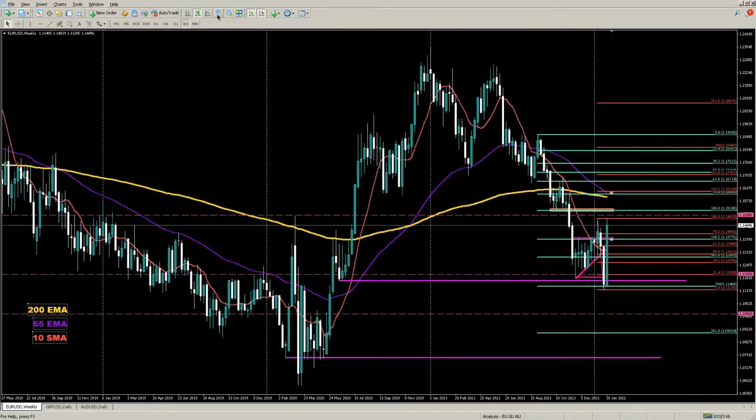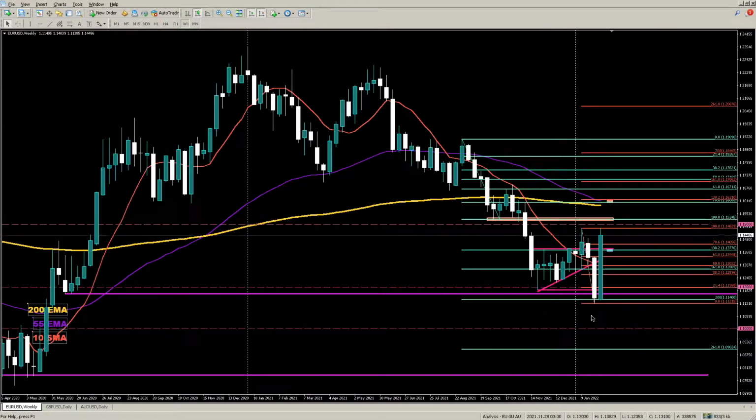Okay, let's also take a look at the weekly time frame, where you can see the strong bullish engulfing candle and a strong close for the week. So suggesting there's going to be some bullish continuation move into this weekly 200 EMA and also the weekly 55 EMA coming together into this confluence of the two Fibs.